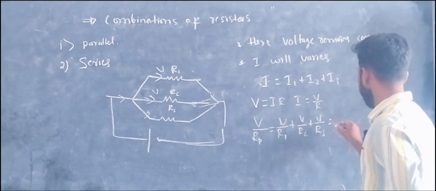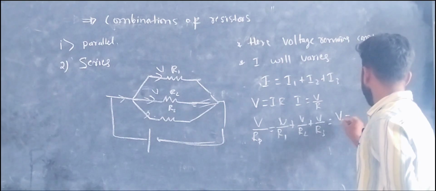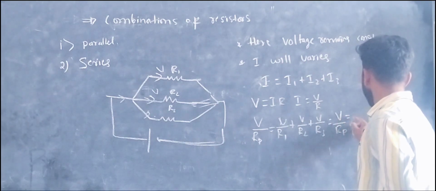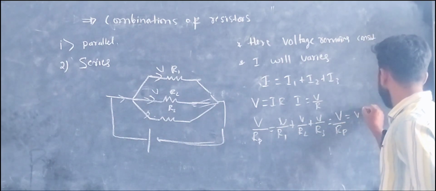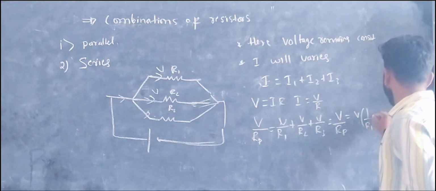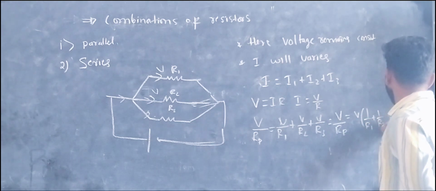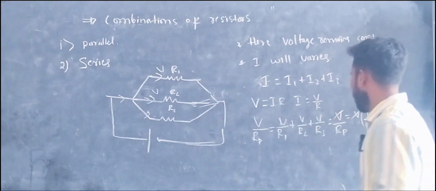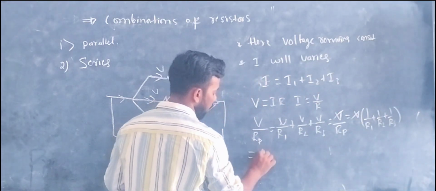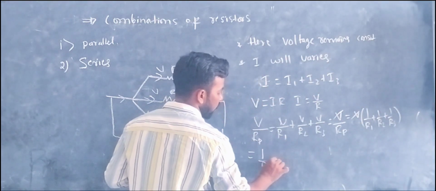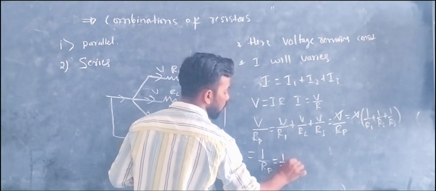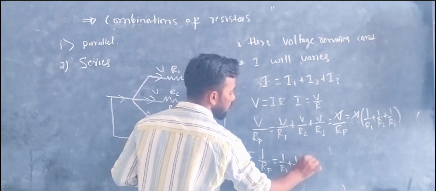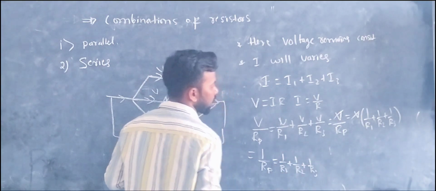V cancels, so 1 by R parallel is equal to 1 by R1 plus 1 by R2 plus 1 by R3.